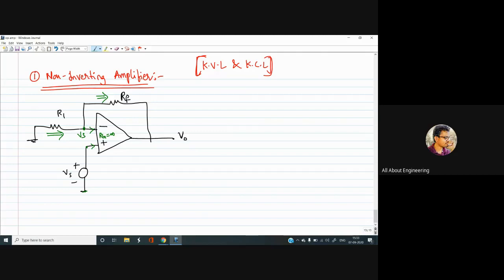So a simple KCL equation can be applied here: 0 minus Vs by R1, that is the current entering, equals the current leaving, Vs minus V0 by RF. Now if you look here, I can solve this: V0 by RF equals Vs times (1 by R1 plus 1 by RF).